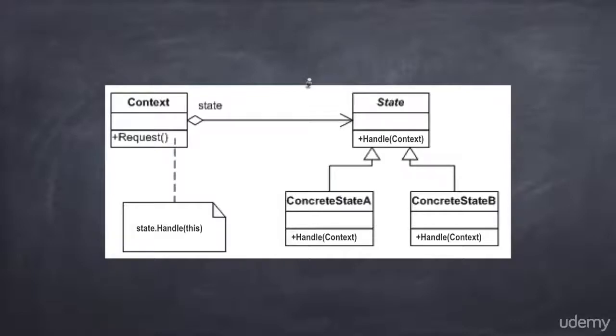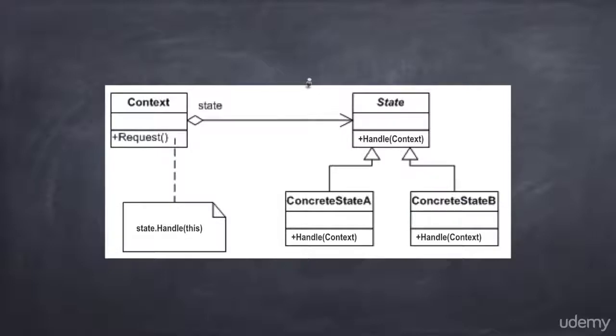For example, concrete state A could change the context state to concrete state B. Then, when the context class calls the handle method on concrete state B, it could change the state back to concrete state A. This would create a state machine that is constantly cycling between these two states.